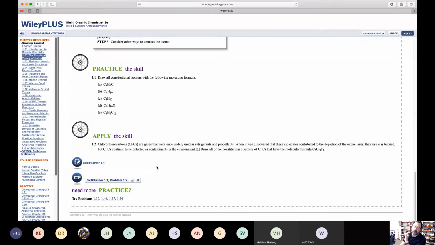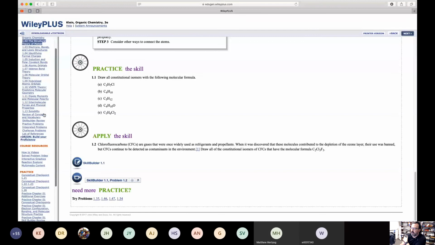The Orion sets are different questions that are not embedded within the text. So for example, I'm going to click that. I guess you can't see it because it launches a different window, but basically these things should look familiar to you in the homework sets.